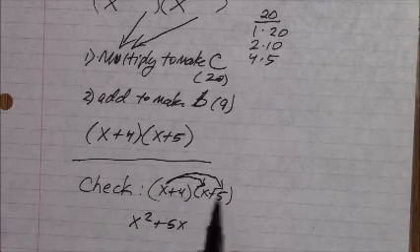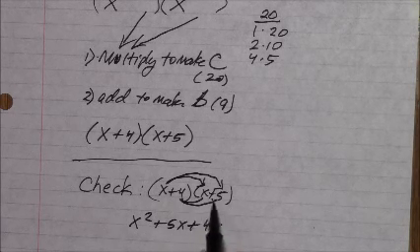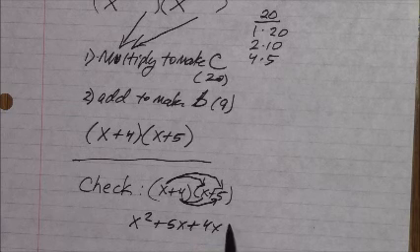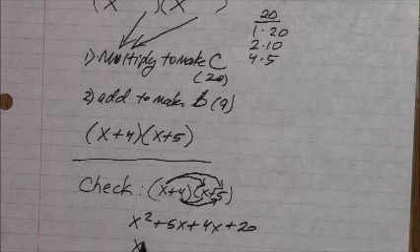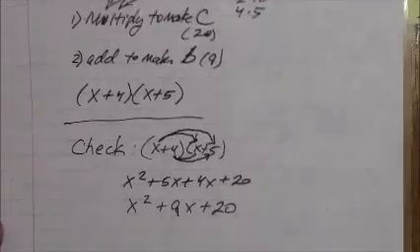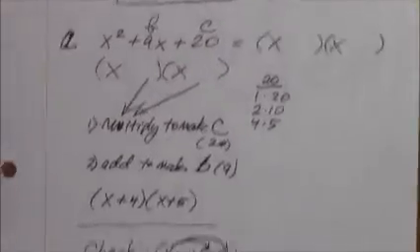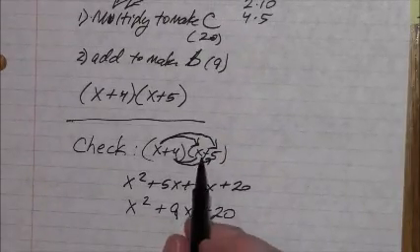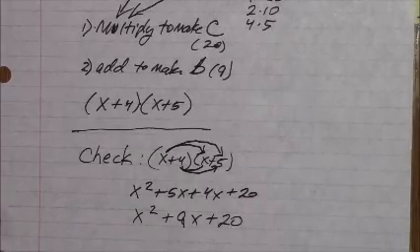Now we use the 4 on both of these: 4 times x and 4 times 5, and that's going to give us the 20. These two terms are like terms, so I can add them together. And this happens to be the same thing that we started with. So that proves that x plus 4 times x plus 5 is the factored form of that trinomial.